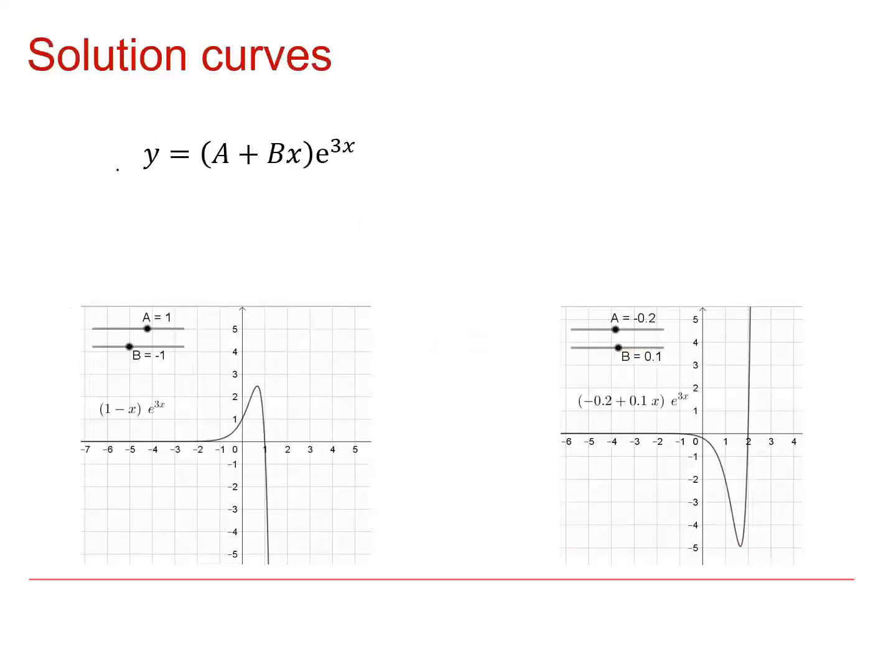So let's have a look at a plot of some of the solution curves. I've got two here plotted for you, one where a equals 1 and b is minus 1, and one where a is minus 0.2 and b is 0.1. Although they look very different, there are some similarities.